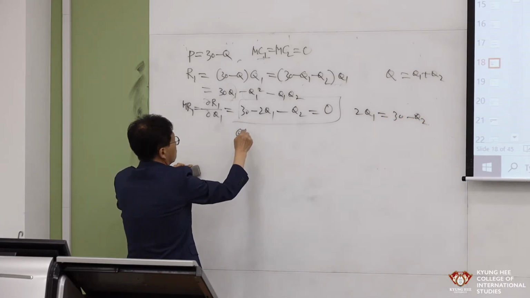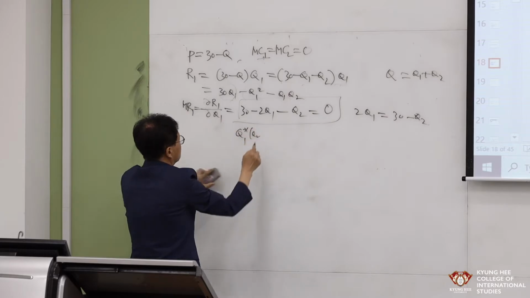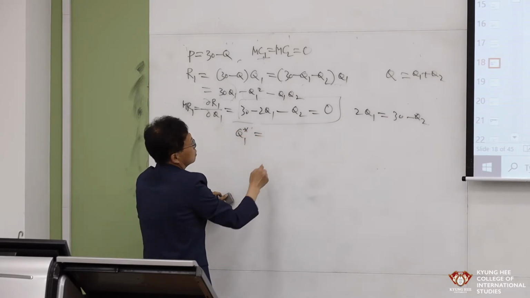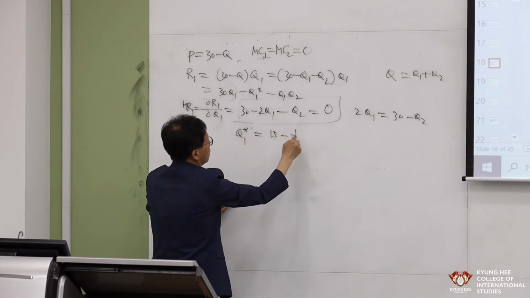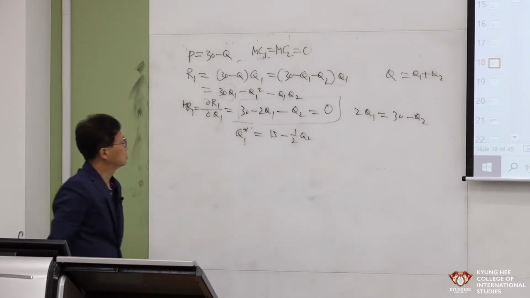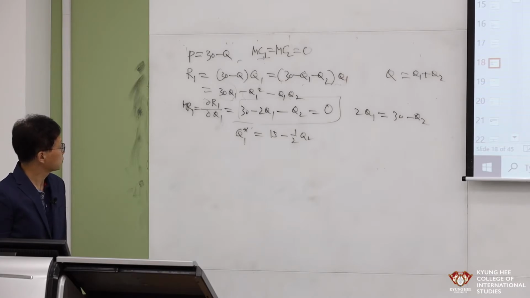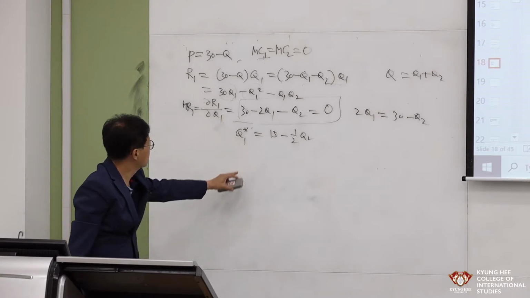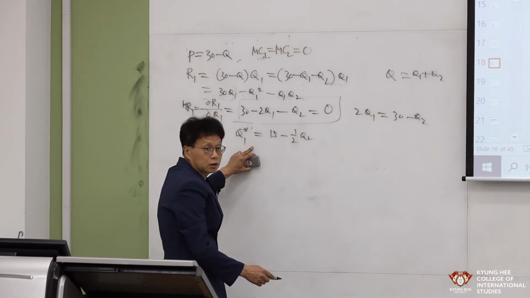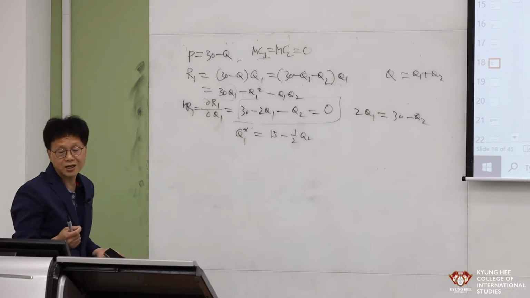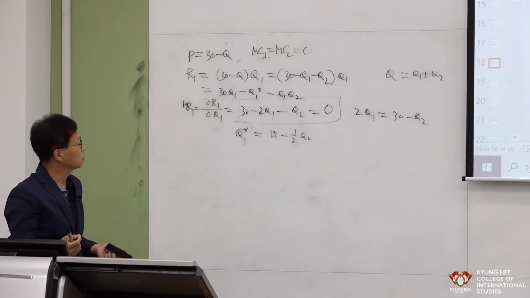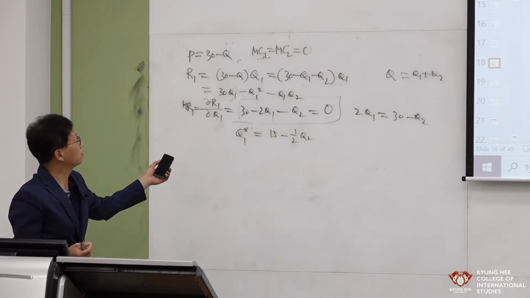Then Q1 star is equal to 15 minus half Q2. Right? And that is the reaction curve for Q1. Also, we can derive the reaction curve for firm 2 following the same steps.